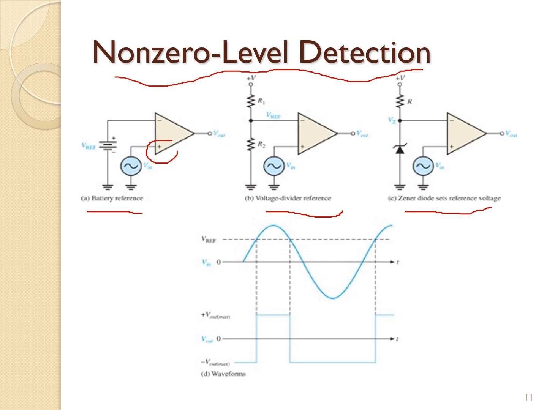The basic operation of non-zero-level detection is shown in figure D. When Vin is less than Vreference, the output remains at the maximum negative level.